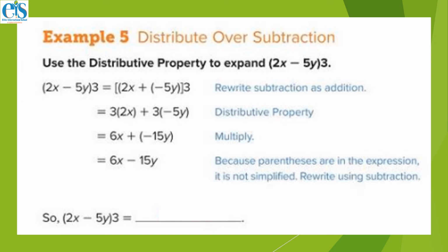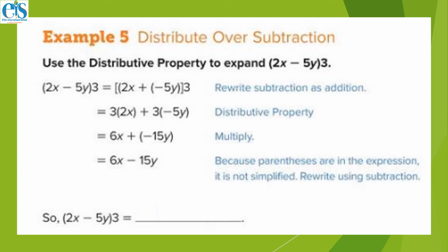Example 5. Distribute over subtraction. Use the distributive property to expand 2x minus 5y within parenthesis times 3. Your question reads 2x minus 5y times 3, which is equal to, within parenthesis, 2x plus negative 5y multiplied to the 3.